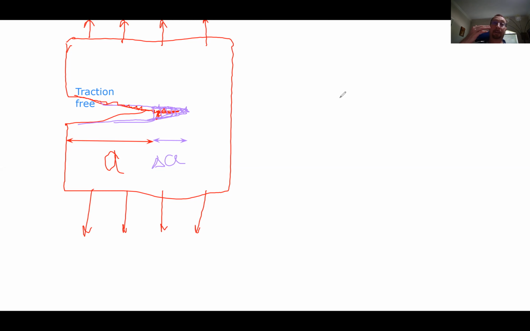Okay. Now, the consideration of these energies will allow us to have another parallel, quantitative description of crack growth that goes with the last equation that I showed you.